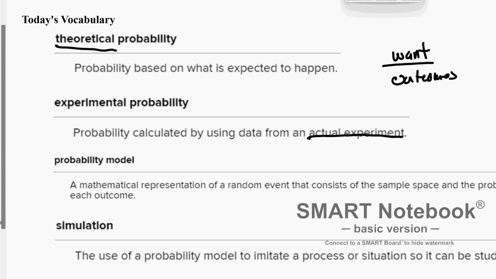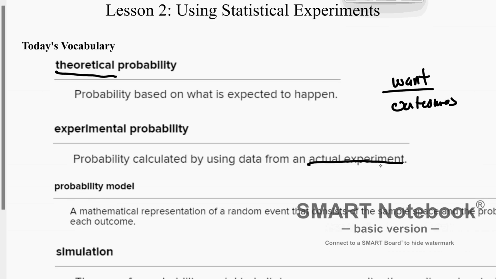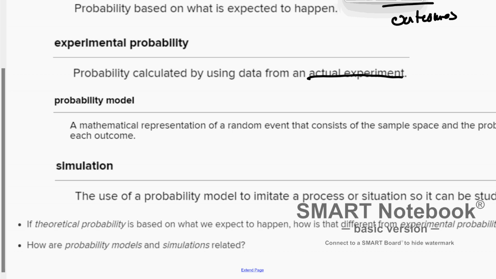So a probability model is a mathematical representation of a random event that consists of the sample space, and the probability of each outcome. So I list what I'm looking for, like heads or tails, and then how many times I get heads and how many times I get tails, and then the probability of each.